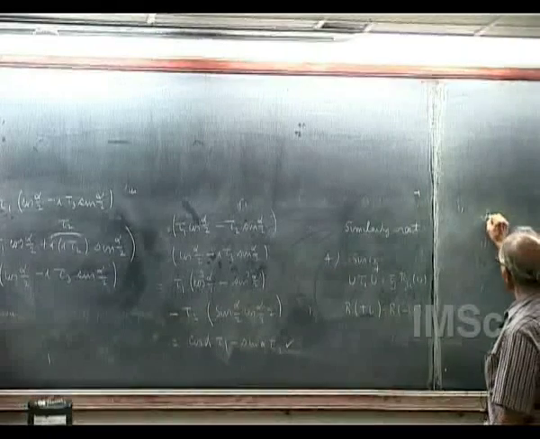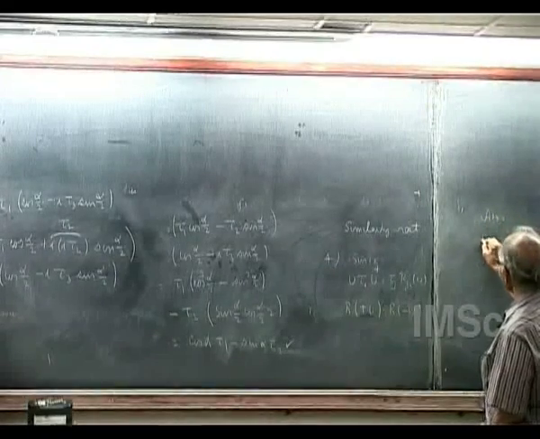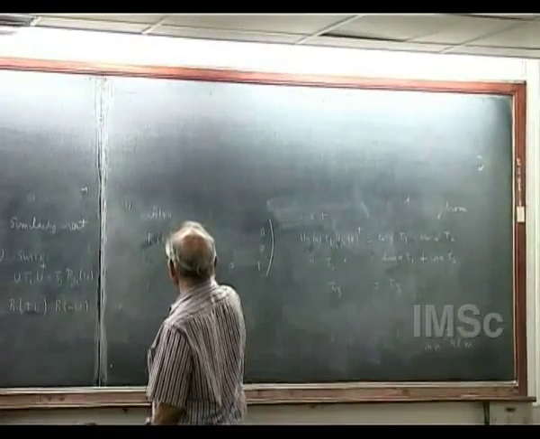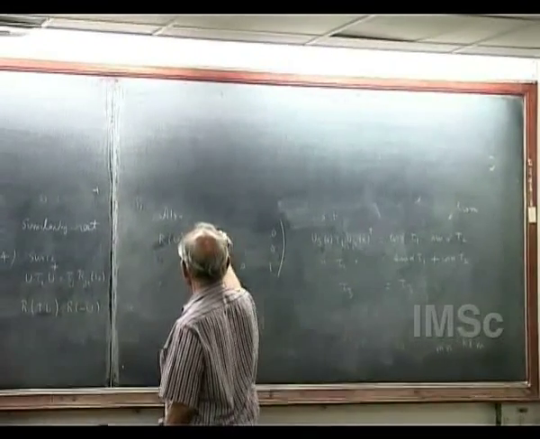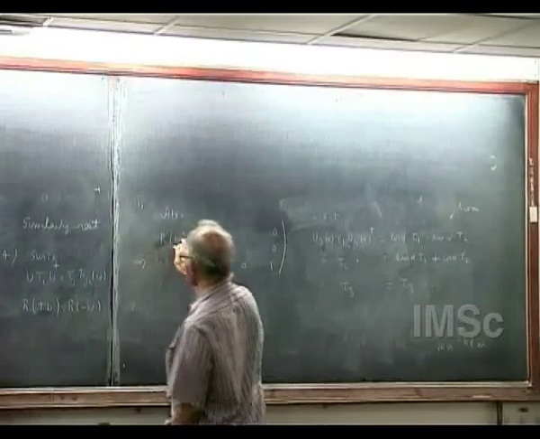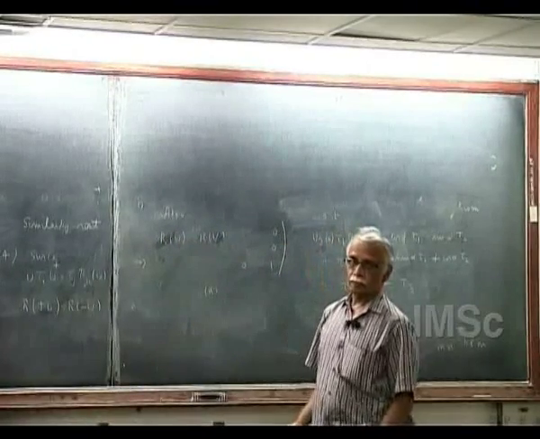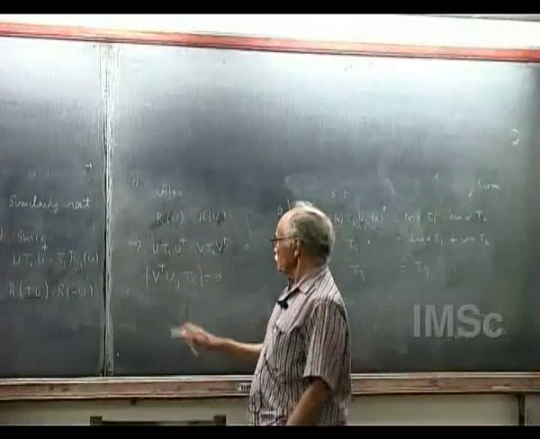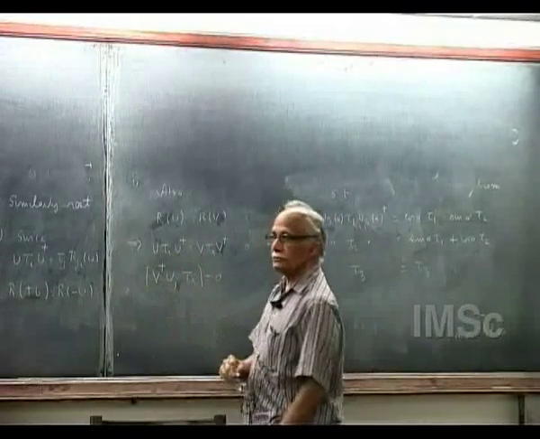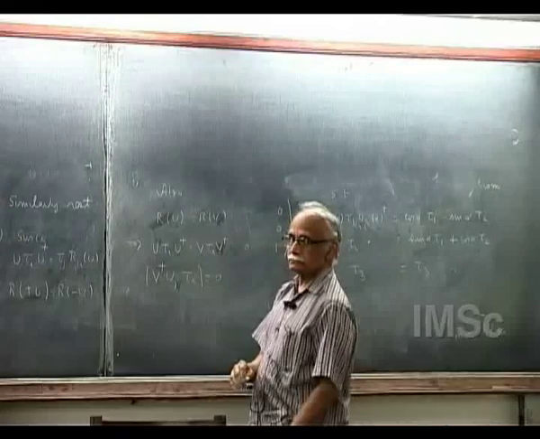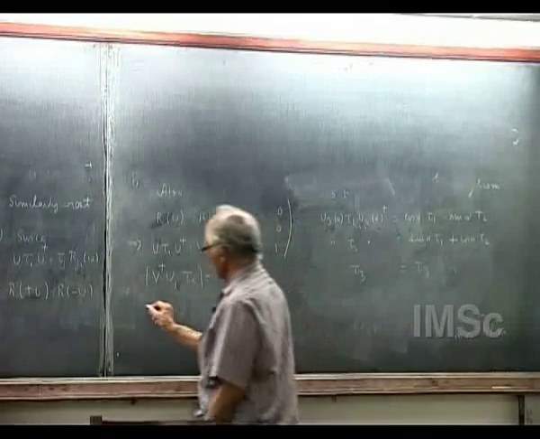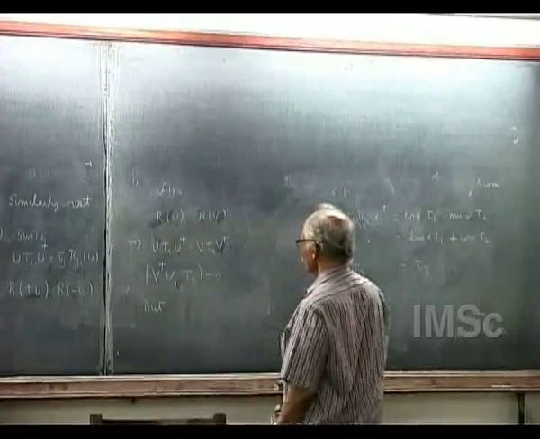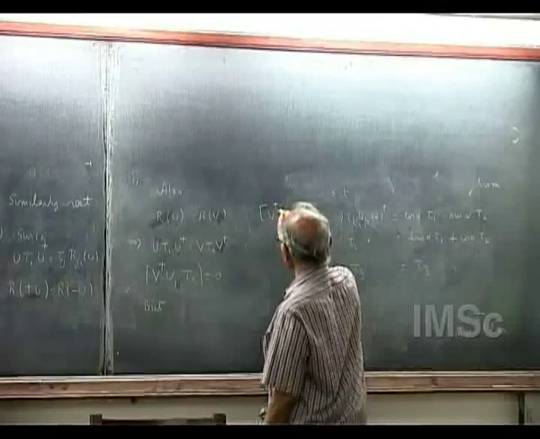Also, you want to prove that there is nothing else that can happen. You want to prove r of u is equal to r of v implies that v is minus u or plus u. How will I do it? This says that v dagger u commutes with tau i. Okay, but for sure v dagger u commutes with 1.